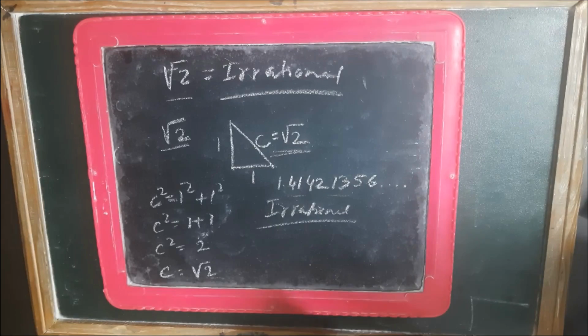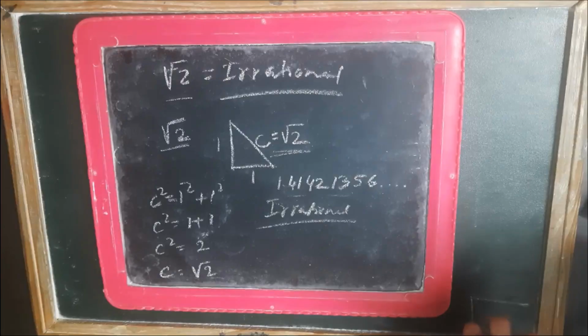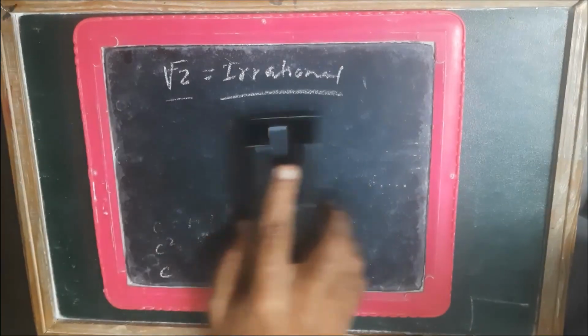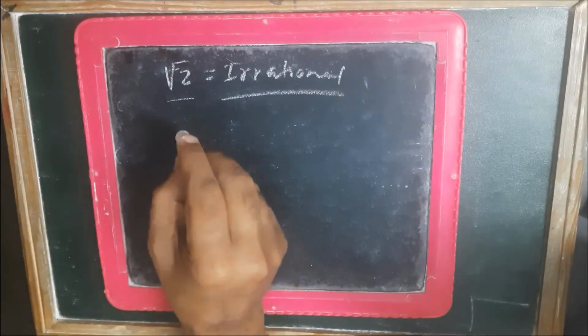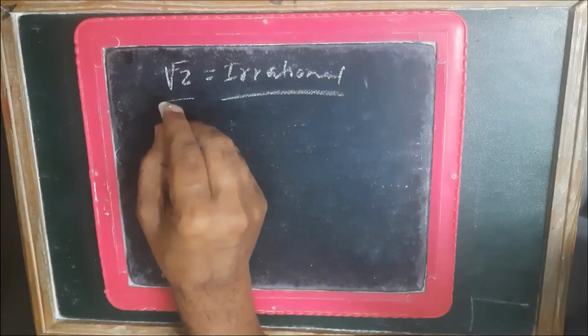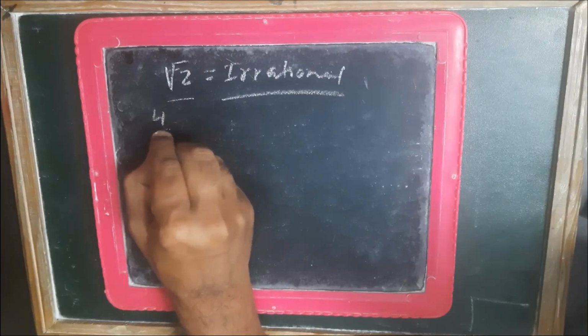Now for the more theoretical way, we try to find out how square root is irrational. So in the theoretical way, let's have some example. 4 by 8.